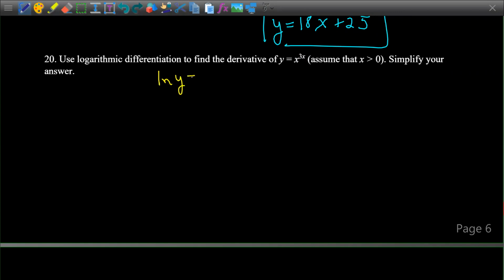So the log of y is equal to the log of x raised to the power of 3x. And the reason that we assume that x is greater than 0 is because we can't have the log of something that is allowed to take on values that are not in the domain of log. So that's why we have to assume that x is greater than 0.